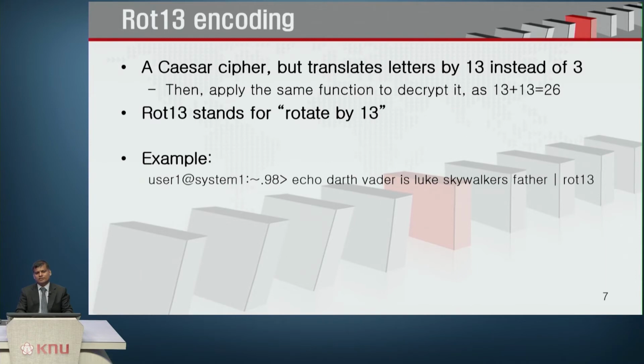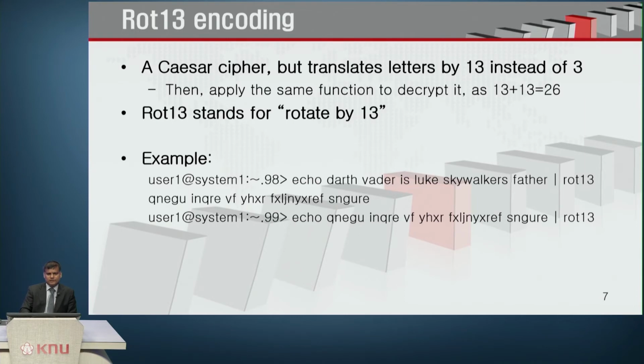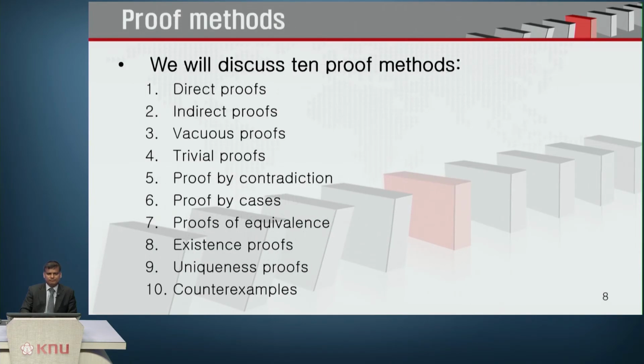In this example you have a message and you encrypt this message by adding 13 to it, and the whole message becomes more complicated. So originally you talk about the earth, Luke Skywalker's father, and then you apply this function ROT13, or rotate 13, for encrypting the original message.